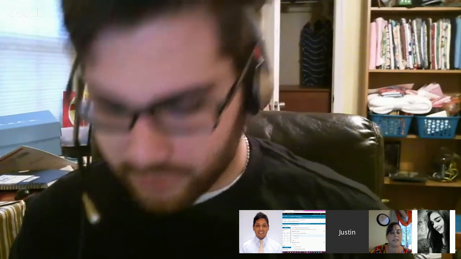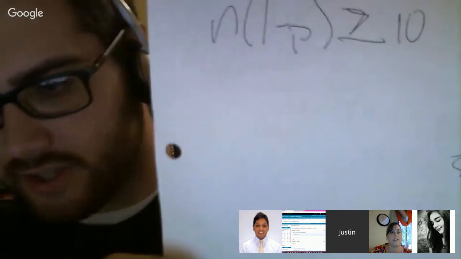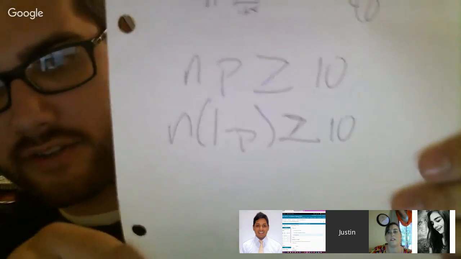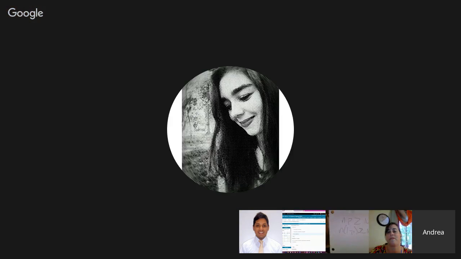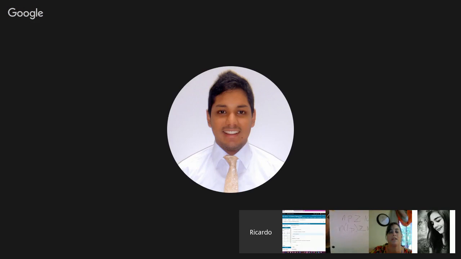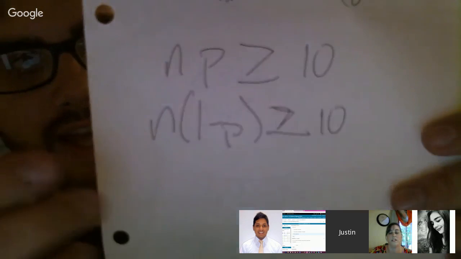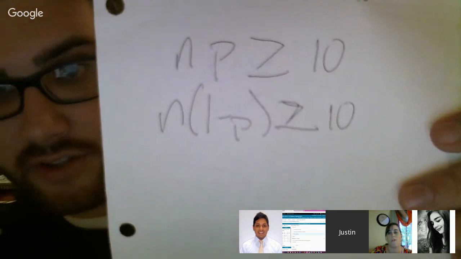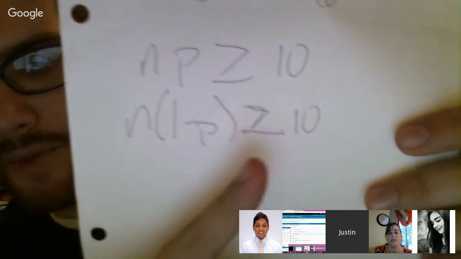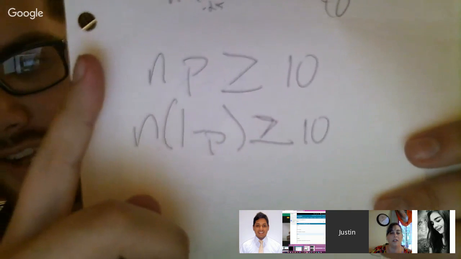Okay. So these are the equations, if you guys can see it. n times p has to be greater than or equal to 10, so that's 10 divided by 0.25 to find n in this case.